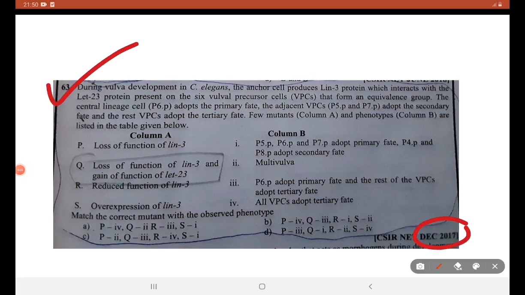Coming to the December 2017 question. We have seen all these things. What will happen if LIN-3 is overexpressed? P5.p, P6.p, P7.p all adopt primary fate.